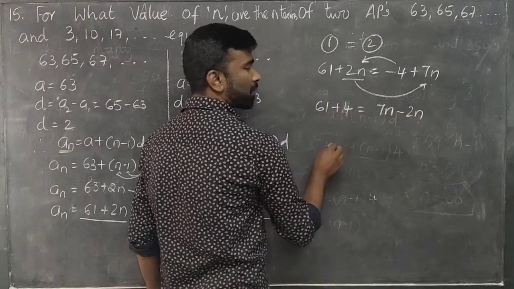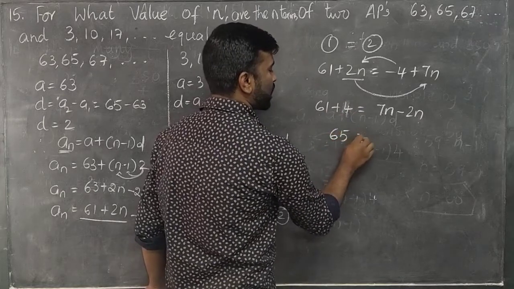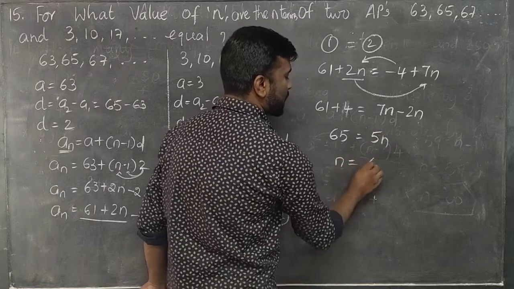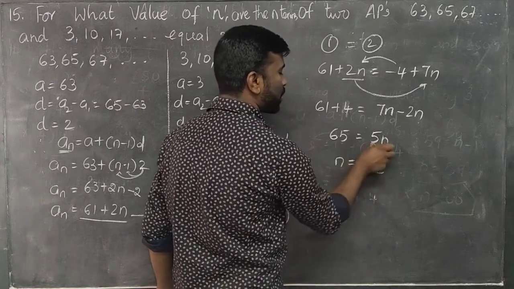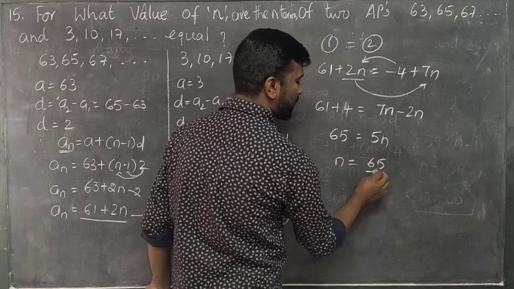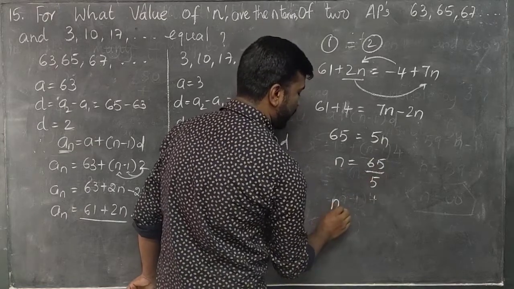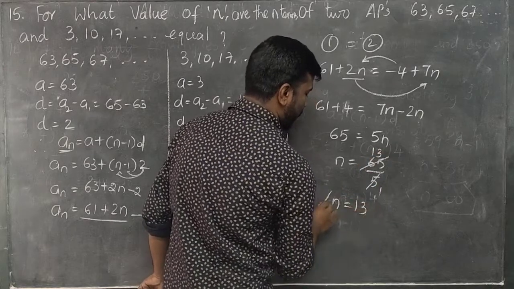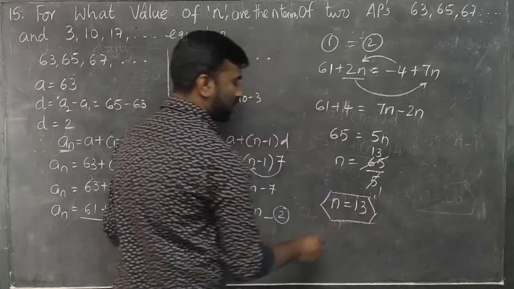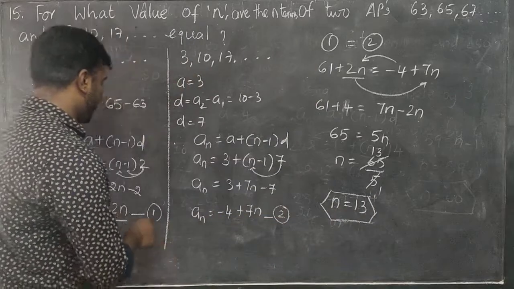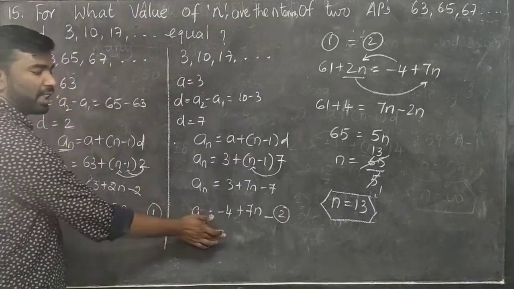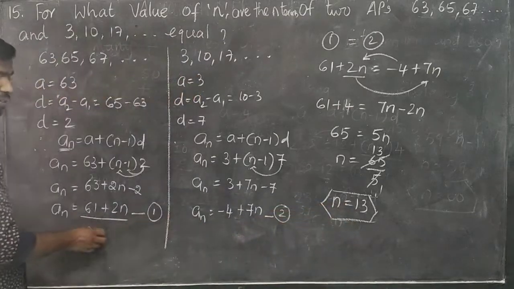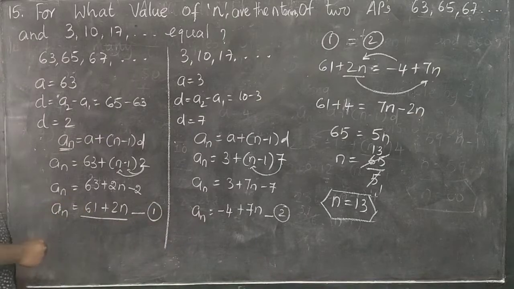Now 61 plus 4 is 65, which is equal to 7n minus 2n is 5n. Now divide both sides by 5, therefore n equals 65 divided by 5. Now n equals 5 ones are 5, 5 13s are 65. Therefore n equals 13. When n equals 13, the nth term of these two APs will be equal.